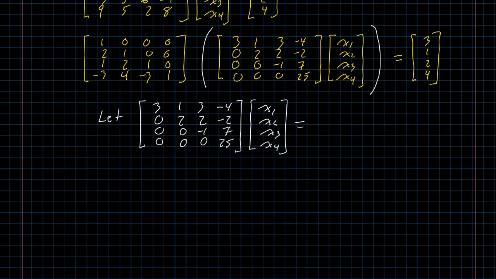I don't know what the result is going to be because I don't know what x1, x2, x3, and x4 are, but I know it's going to be a column vector.